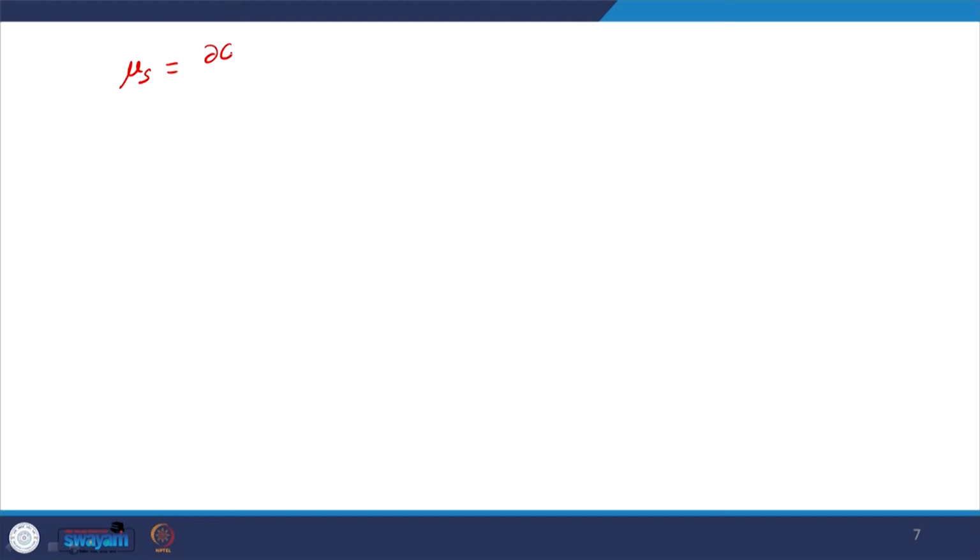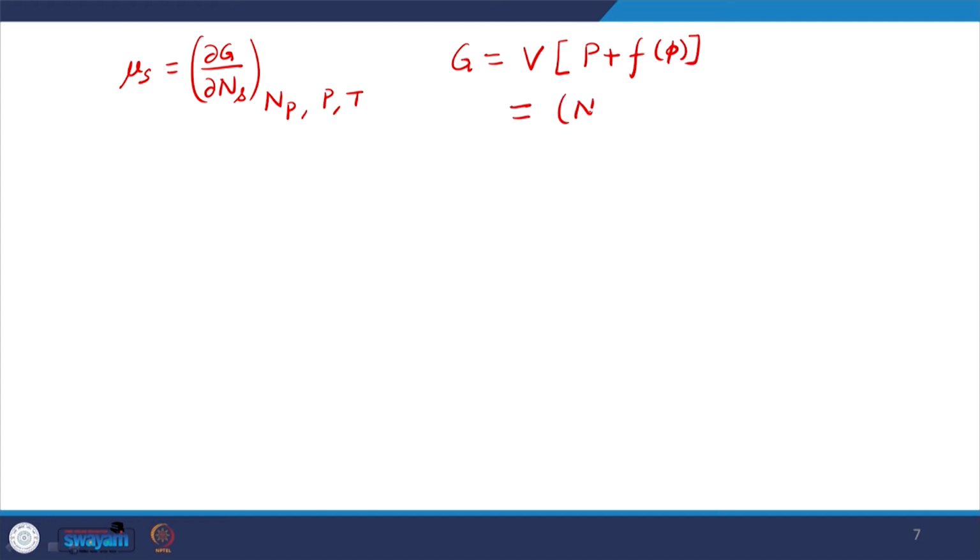That will be ∂G/∂Ns at constant Np, pressure and temperature. Again we start with G being equal to volume multiplied with P plus f(φ), that is (Np Vp + Ns Vs) multiplied with (P + f(φ)).